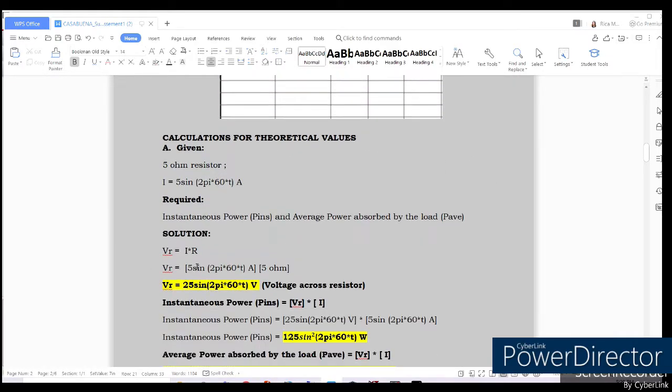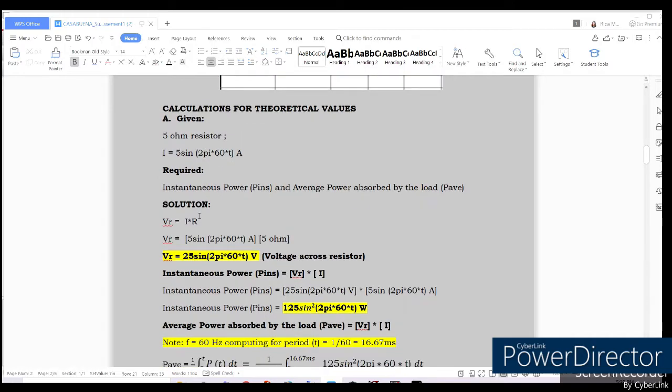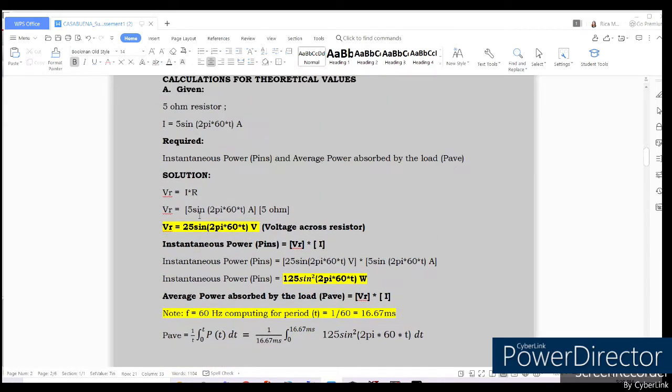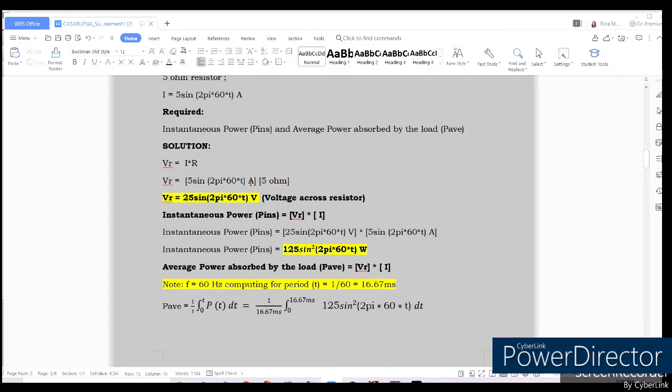Then for the calculations of our theoretical values, we consider that the voltage across the resistor is current times resistance. Given the current from the problem and the value of the ohms, the voltage across the resistor is 25 sine 2 pi 60t. Now we need the voltage across the resistor to compute the instantaneous power, which is the power delivered to our resistor load.